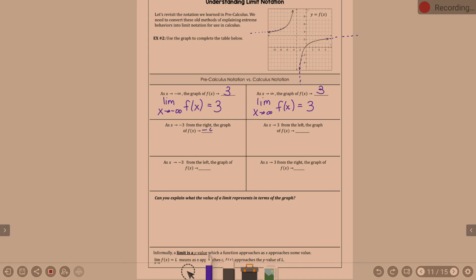We're going infinitely down, so -infinity. Now, for official notation, I introduced this yesterday. The limit as x approaches -3 from the right means I put a little plus after the -3, indicating we're approaching from the right, of f of x is equal to -infinity.